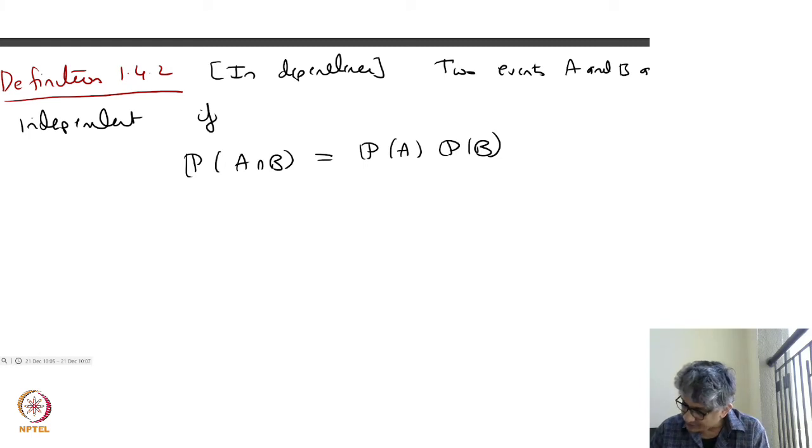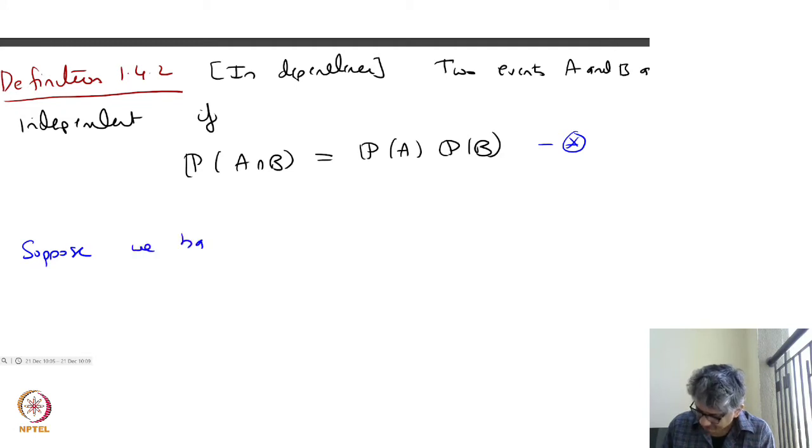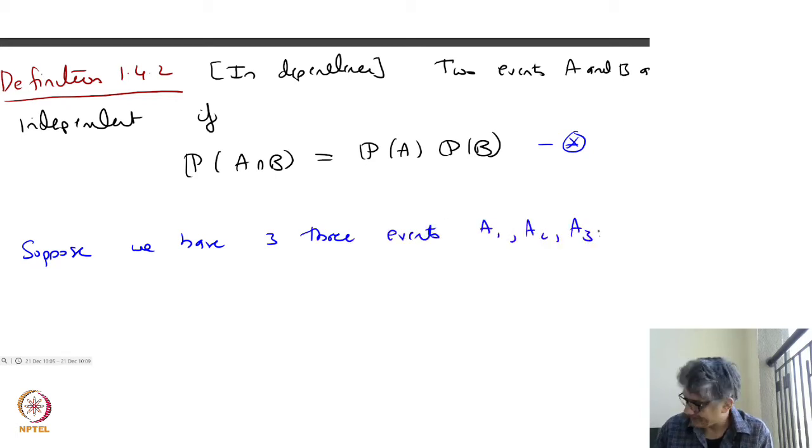Suppose we want to extend this to three events. Suppose we have three events, A1, A2, A3, and we want to understand what it means to say that three events are independent.